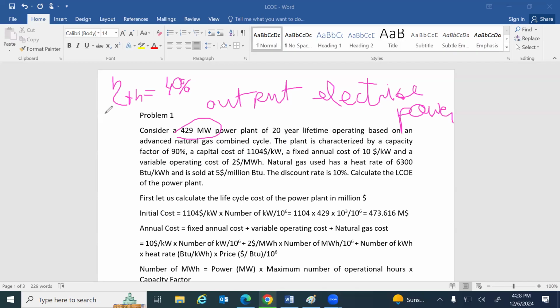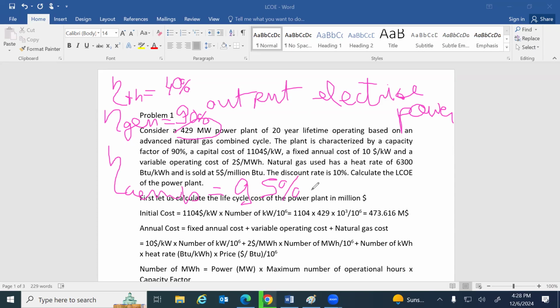The generator efficiency, let's say, is 90%, because you need an alternator in order to convert from mechanical work of rotation into electrical. So you have losses. I can give you the combustion efficiency, for example, equal to 95%.